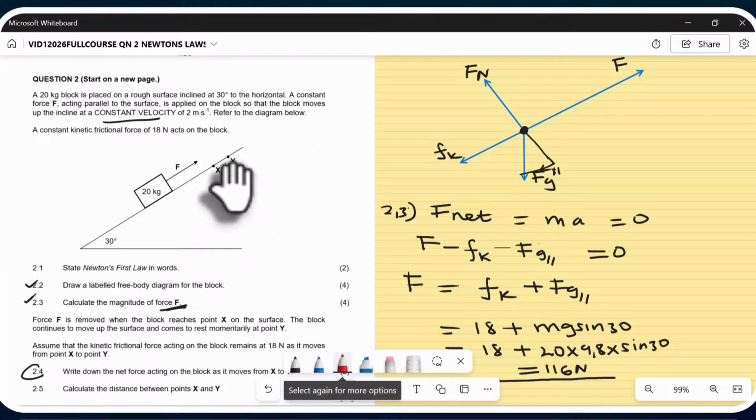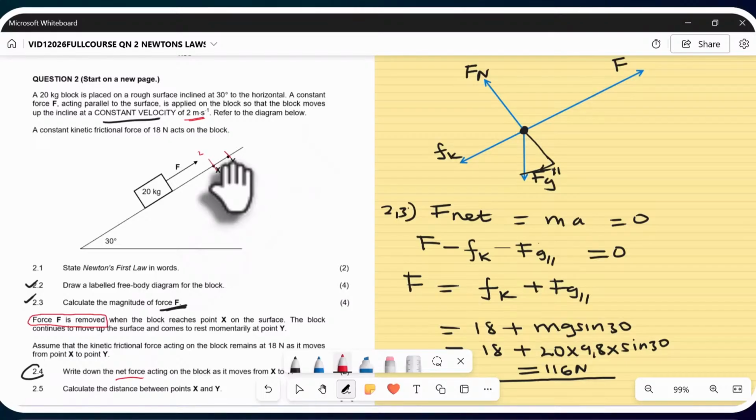Remember the speed is 2 meters per second at this point, because they said constant velocity, and 0 at the end. Why does it become 0? Because now the net force is acting in the opposite direction, and because it goes from 2 to 0, it's going to be the negative of 116.